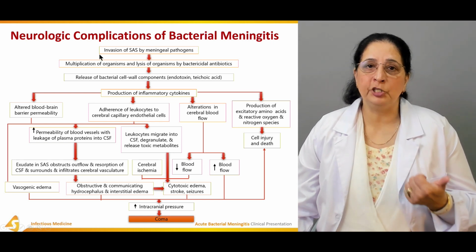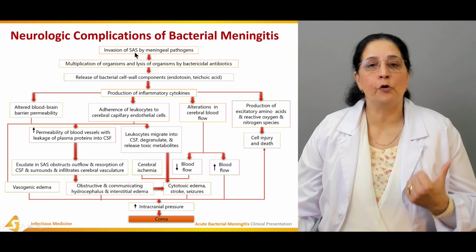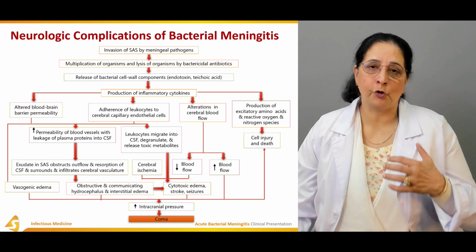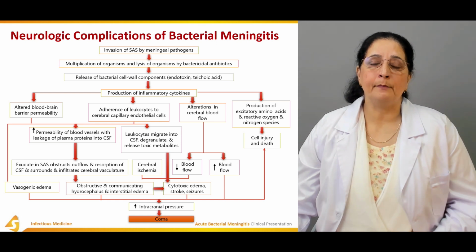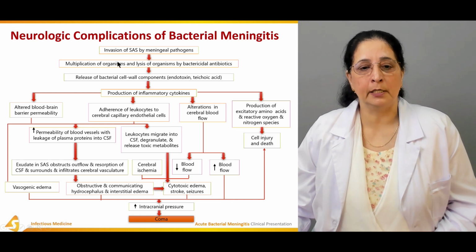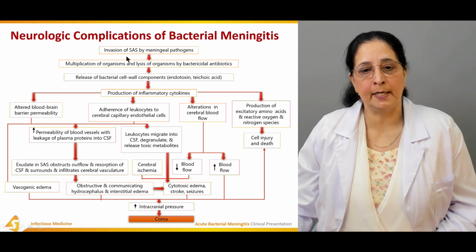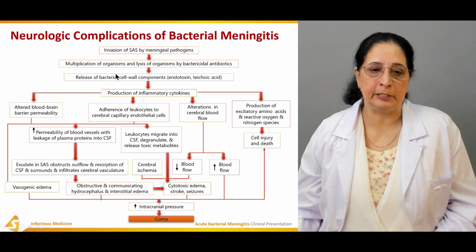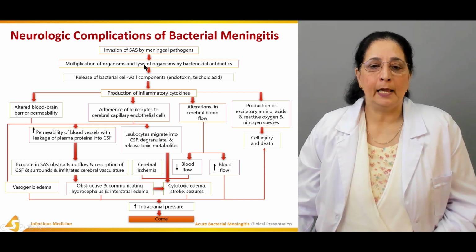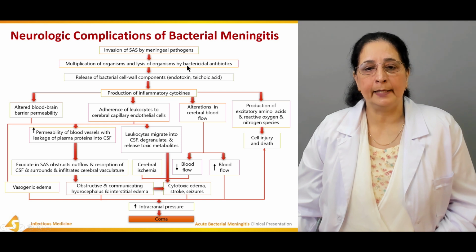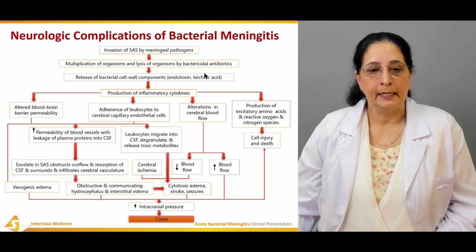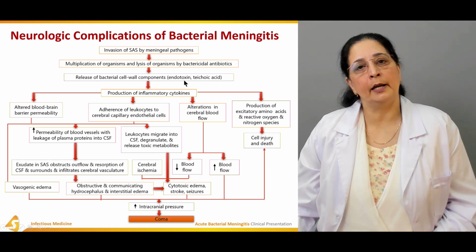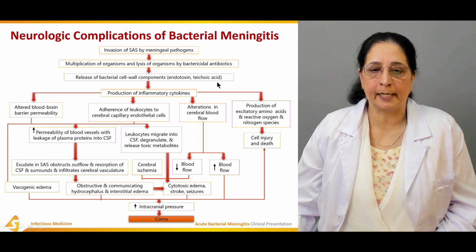First, there is invasion of the subarachnoid space, SAS, the space below the arachnoid, by the pathogens, which causes multiplication of organisms and lysis of organisms by the antibiotics. There is release of bacterial cell wall components, which are endotoxin and teichoic acid.